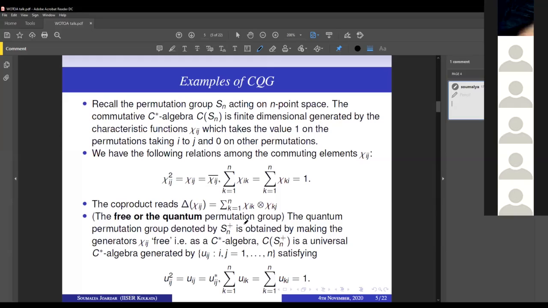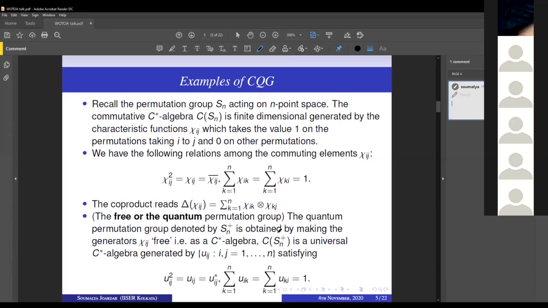Now what one can do, what we have been doing from the beginning of the talk, is to drop the commutativity among these generators chi_ij. Keep the rest of the conditions, but just drop the commutativity.